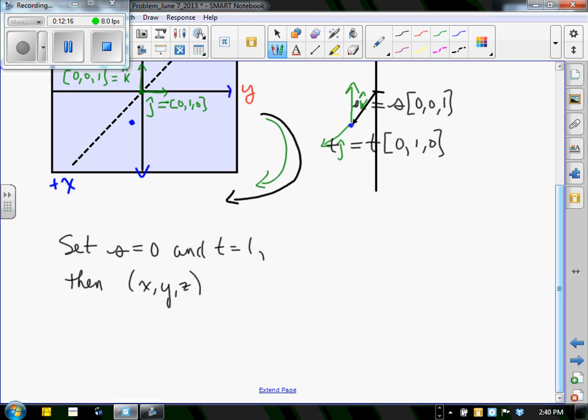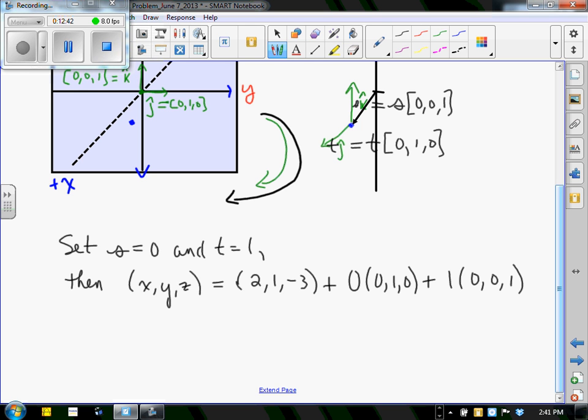then x, y, z would map onto, and here's the formula that allows us to complete the mapping, 2, 1, minus 3, and we're going to add on the 0 multiplied by 0, 1, 0, which is nothing more than 0, and then 1 multiplied by 0, 0, 1.